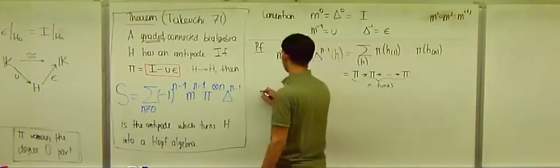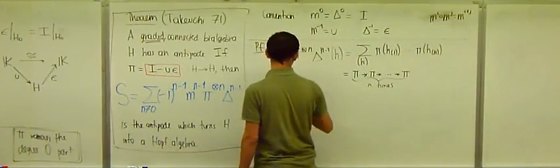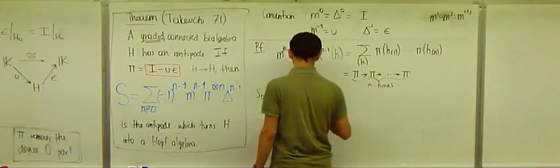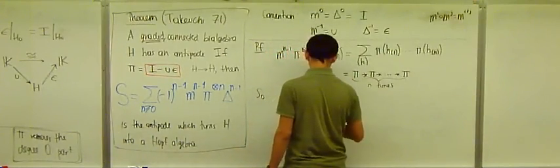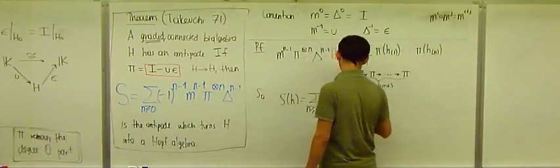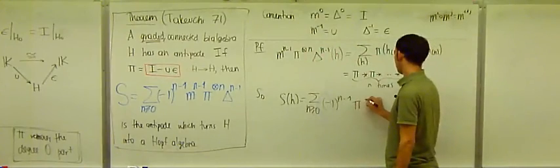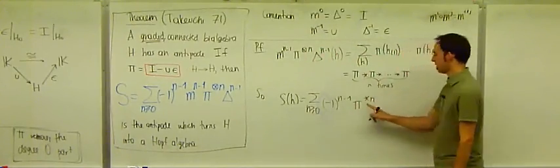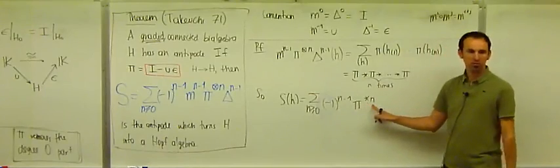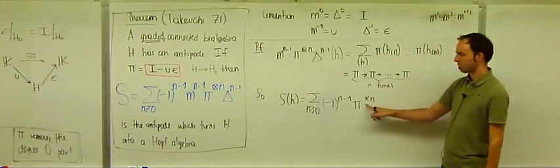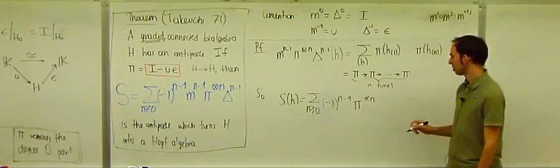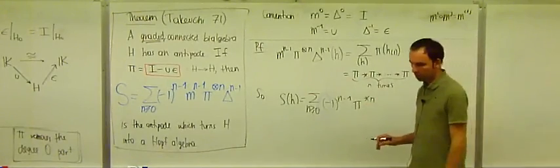So S of h is just the sum over n greater than or equal to 0 of (-1)^(n-1) pi convolution n. This is the nth product of pi with itself in convolution product. Okay.